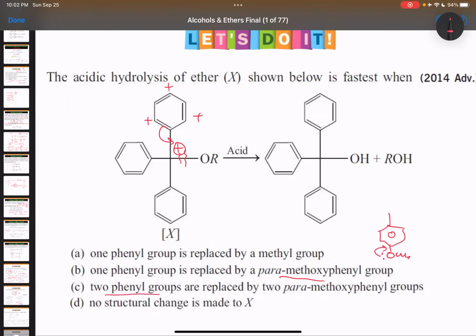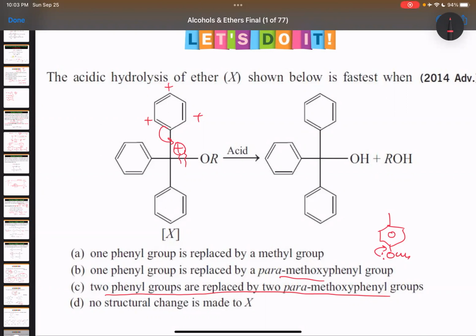So when the phenyls are replaced by 2 para-methoxy groups, that's the place where the cation is going to become maximally stable. Clear? Yes, sir. Understood? That's the concept.